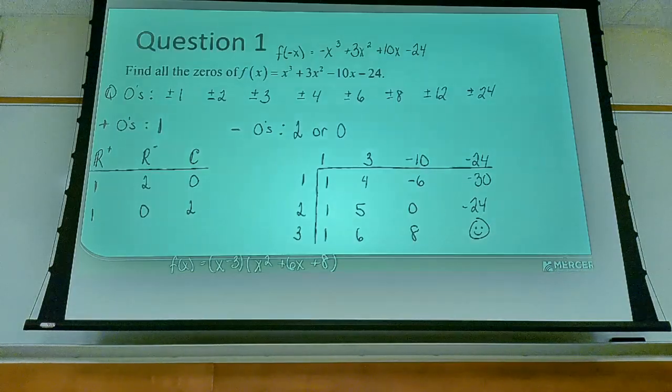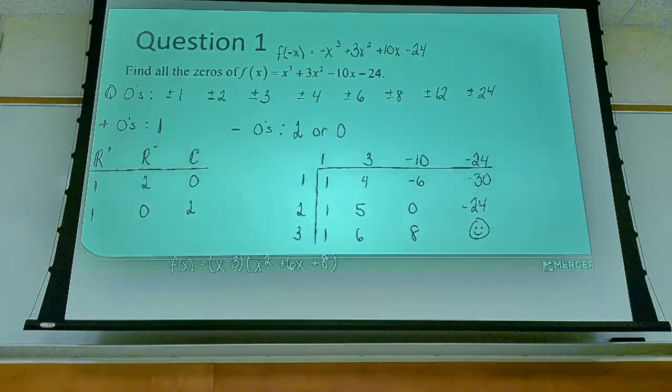We have a quadratic. Can we factor that quadratic? No. Factors of 8 when added give you 6. Oh, yeah.